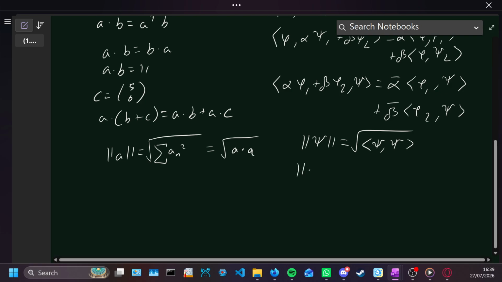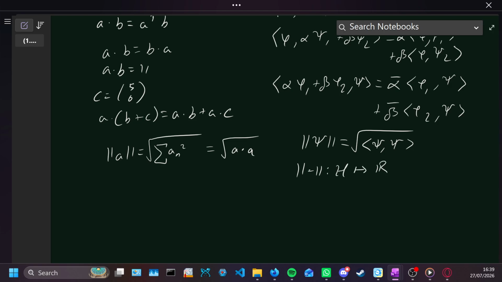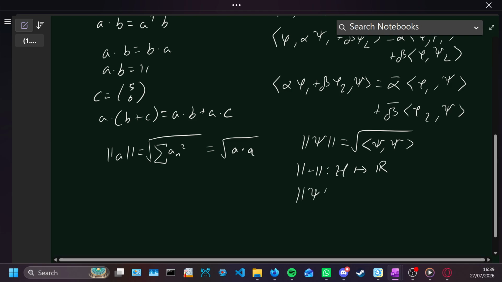This function maps from H onto the reals, because our length needs to be real, and even better, our length is greater than or equal to 0.